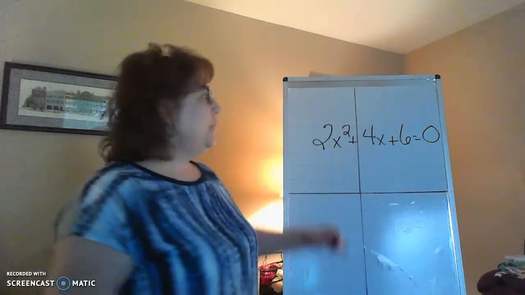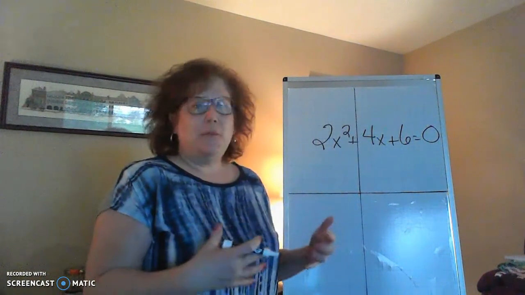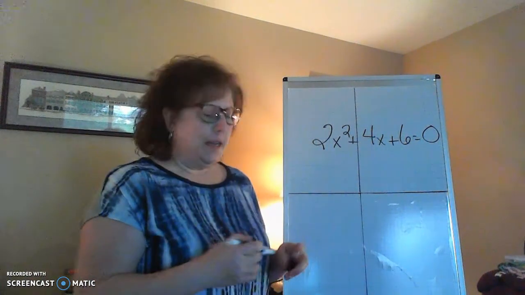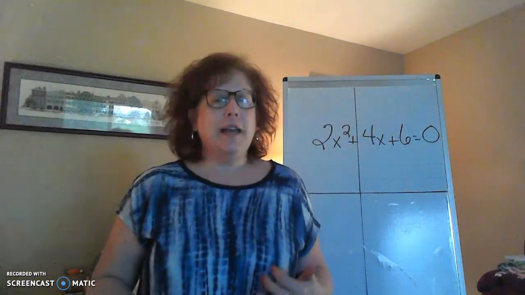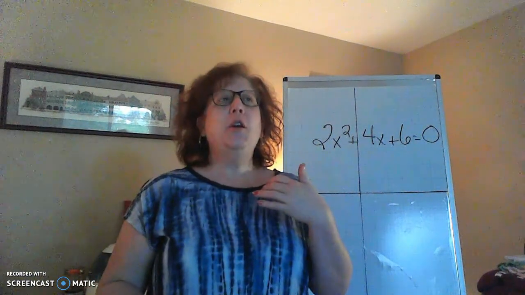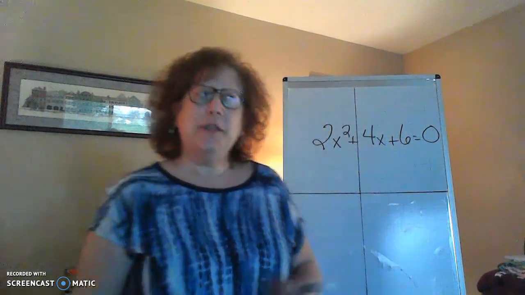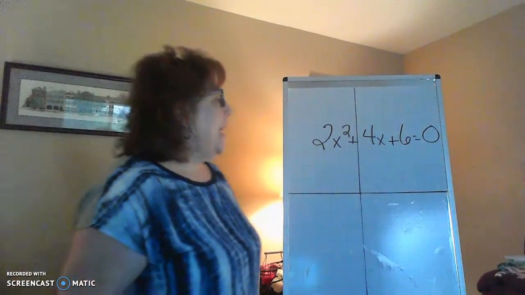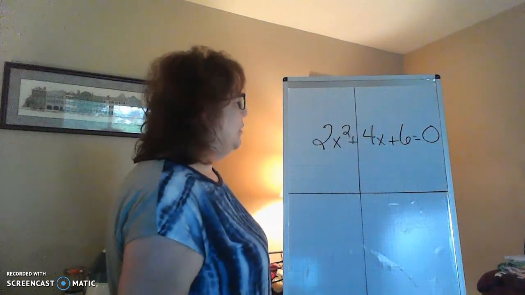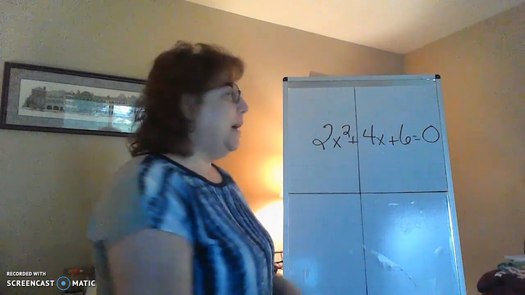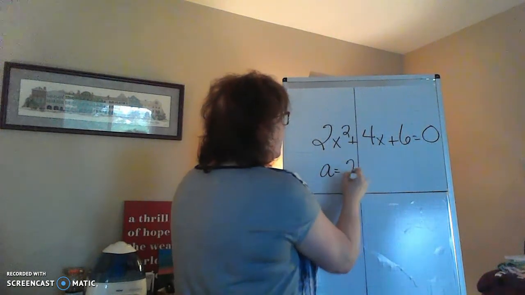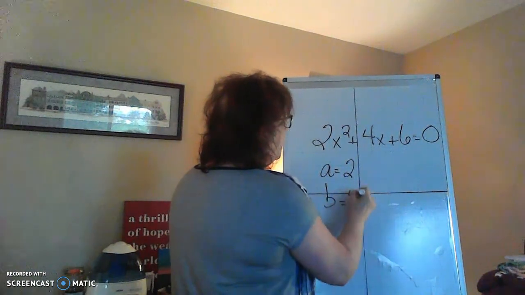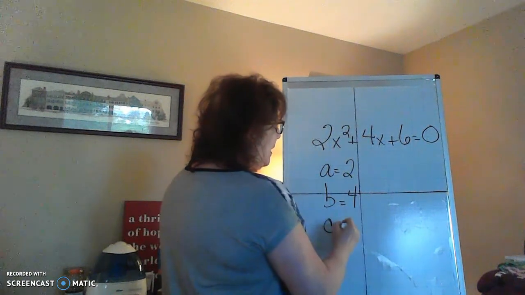So we have all of those values that we find out early on, and we then learned how we could find the vertex, and then we learned how we could get this thing on the graph. So let's review with that. And so what I'm going to do is just remind you that A equals 2, B equals 4, and C equals 6.